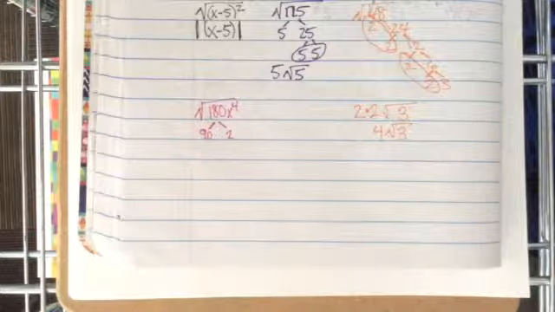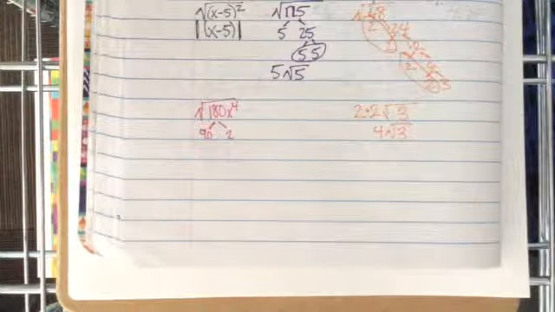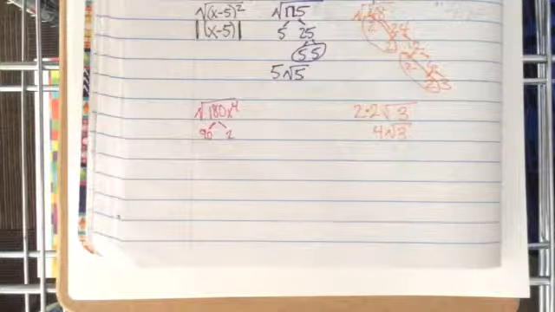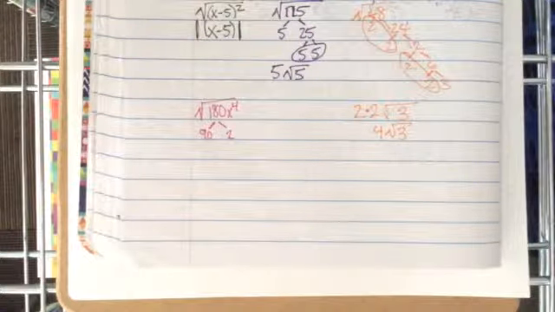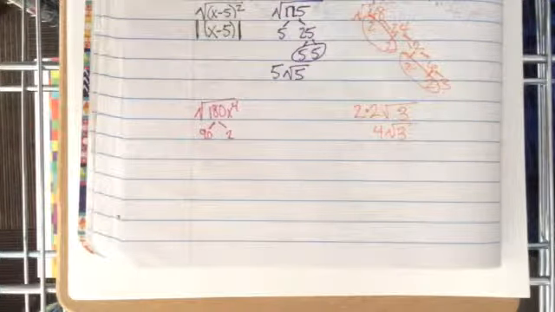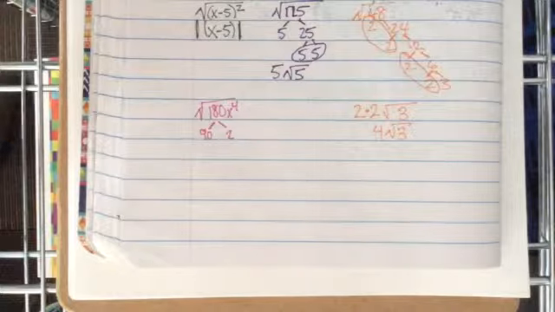So we're breaking down 90 and 2. Is 90 perfect? No. So how can we break down 90? 30 and 3. Let's think about it. Let's go to our factor square. Are there factors of 90 that have a perfect number in it?